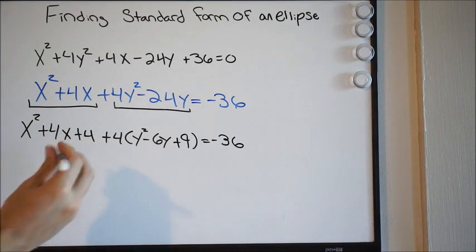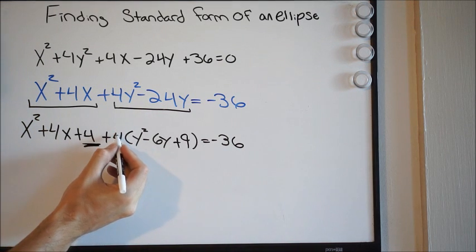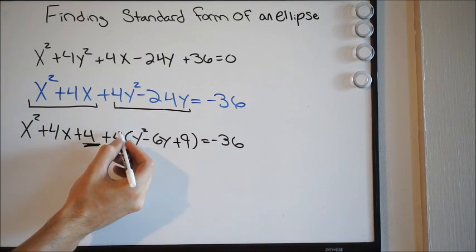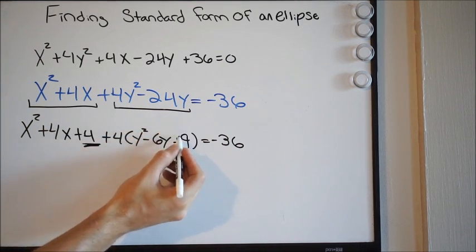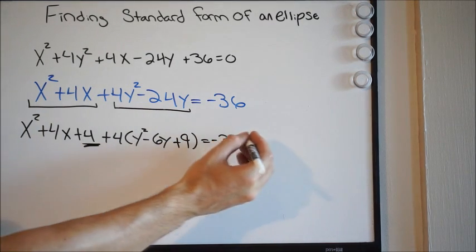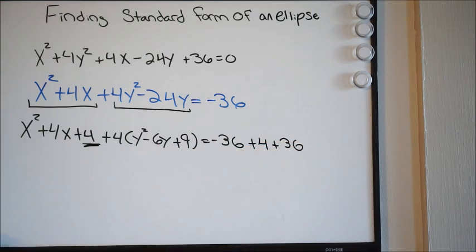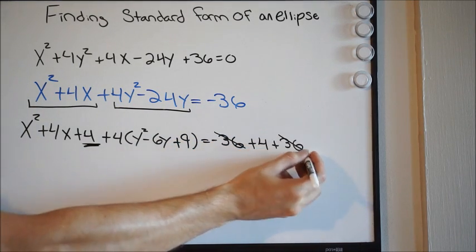So again, I added 4 here, all right? And careful here, right? I didn't add 9, I actually added 36 because look, my 4 on the outside here will be distributed inside these parentheses, and 4 times 9 will be 36, so you actually added 36. So we have plus 4 and then plus 36. And again, this works out nice because we have a negative 36 and a positive 36.